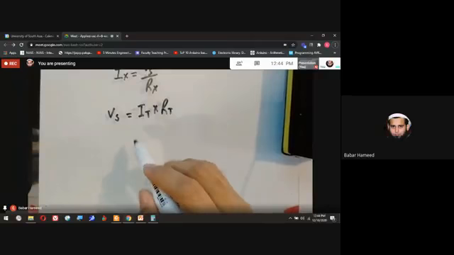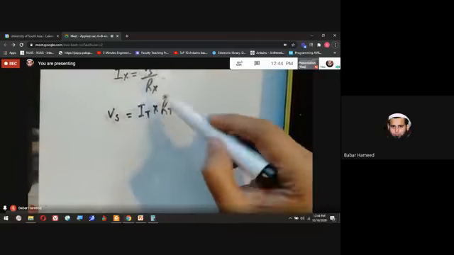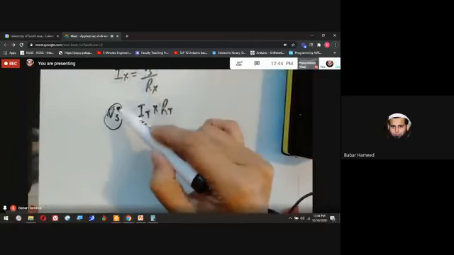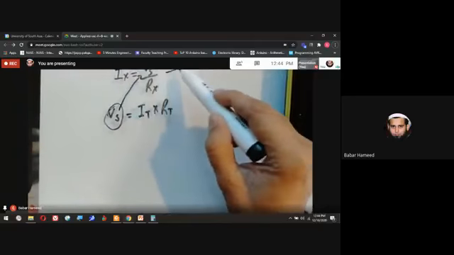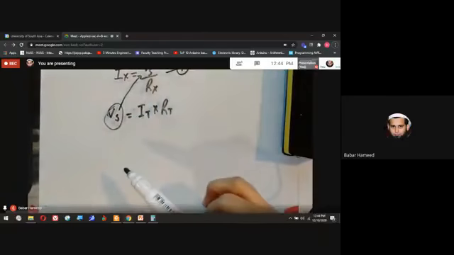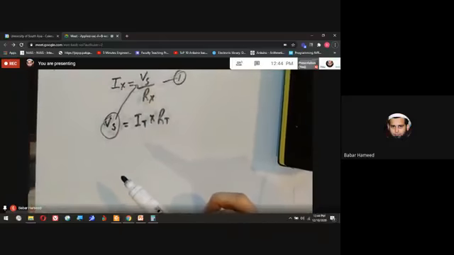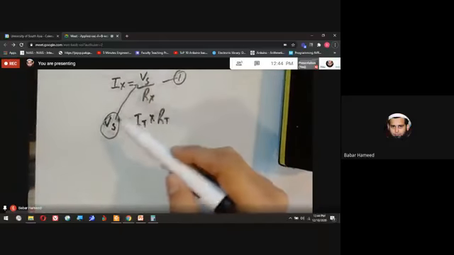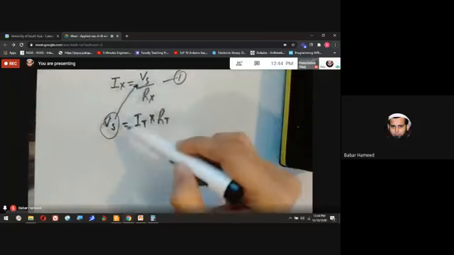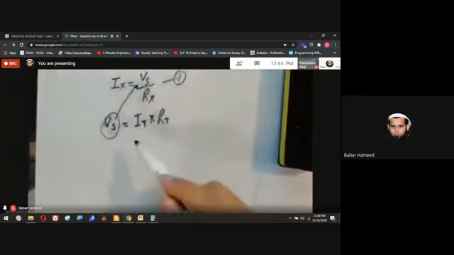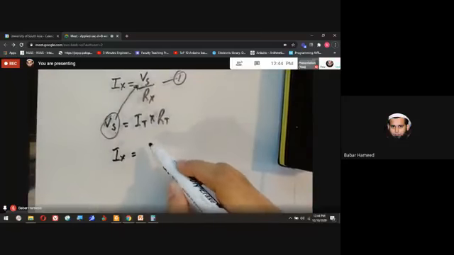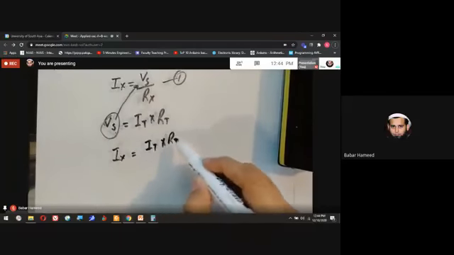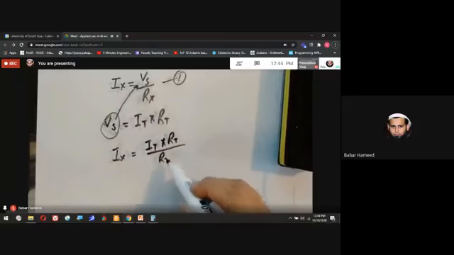So by putting the value of Vs into equation 1, Ix will become IT times RT over Rx.